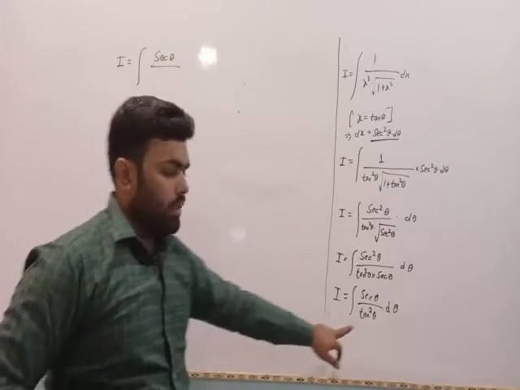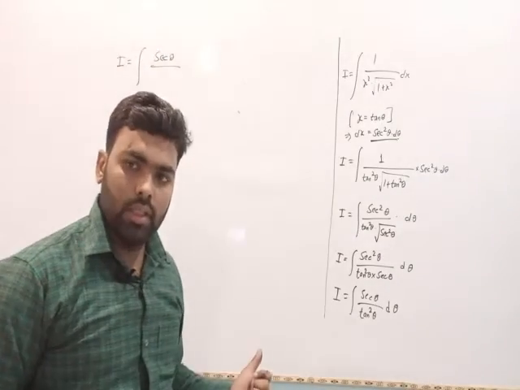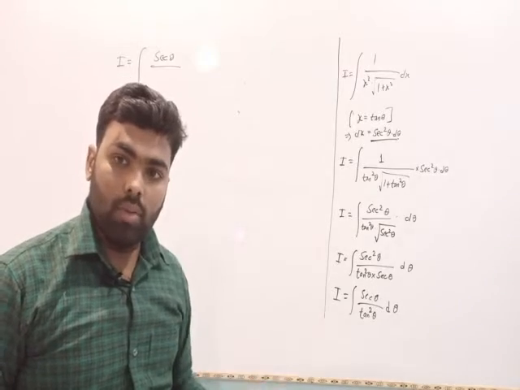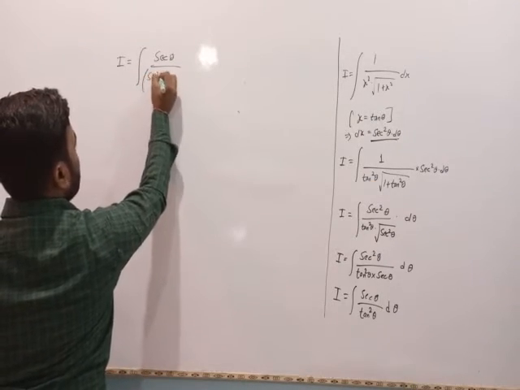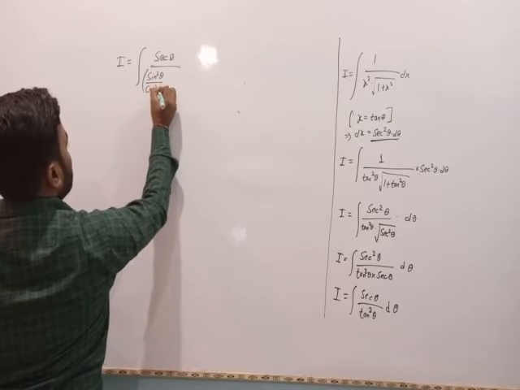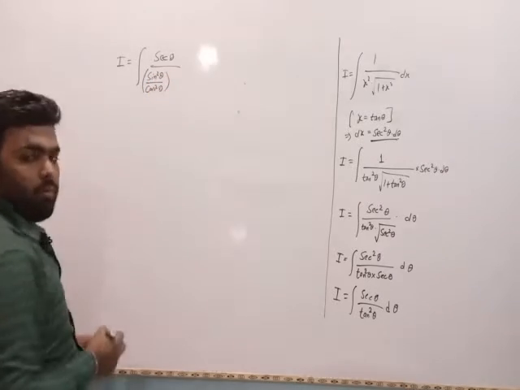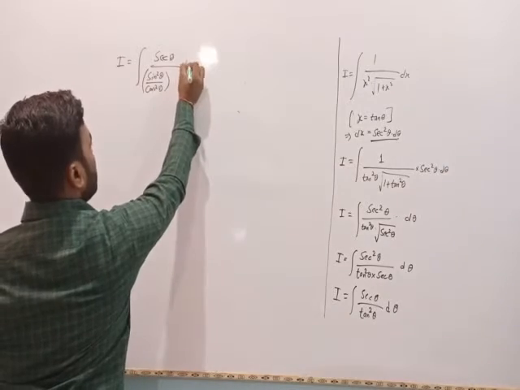So I will be equal to integration of sec theta, and if I write tan square theta as sin square theta upon cos square theta, and we will have d theta here.